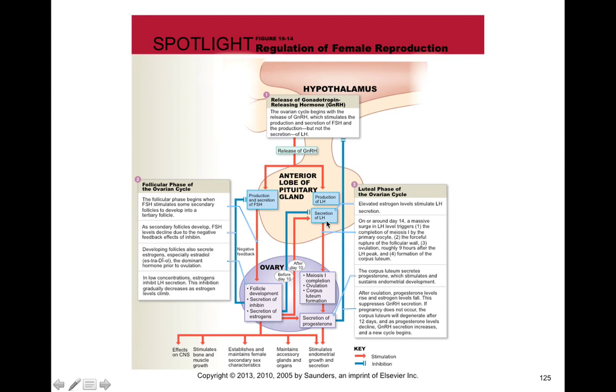And so when luteinizing hormone's in highest concentration at day 14 or mid-cycle, luteinizing hormone then actually helps stimulate ovulation. And when ovulation occurs, you get this LH surge due to the stimulation due to estrogen. And after ovulation, the follicle that was releasing estrogen then turns into corpus luteum, and that starts secreting a tremendous amount of progesterone.